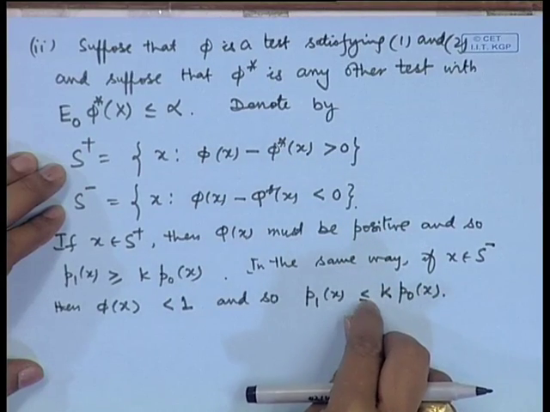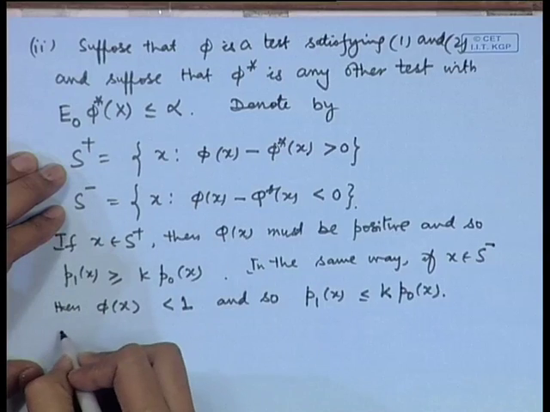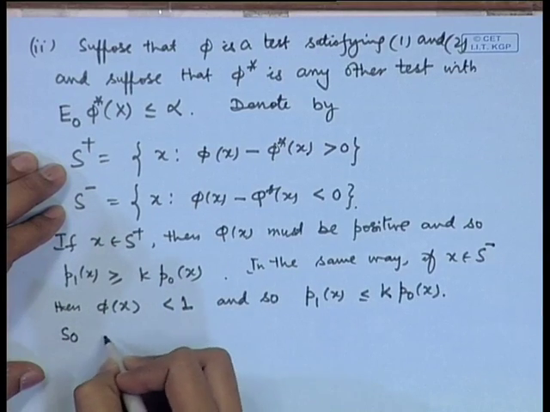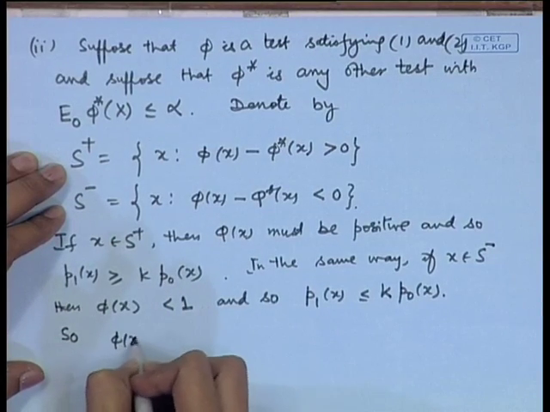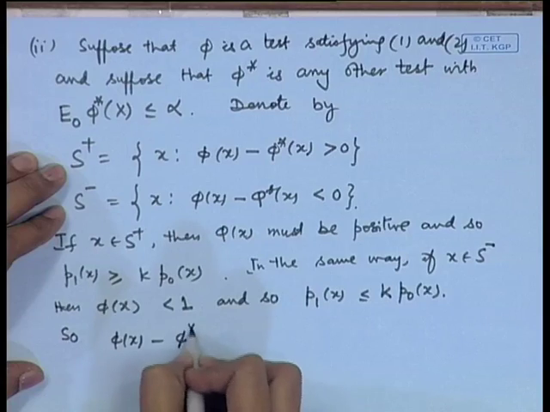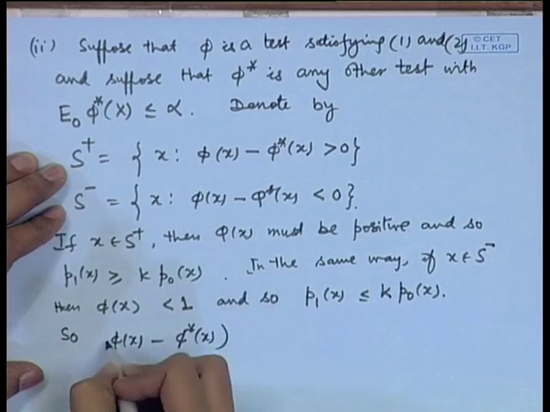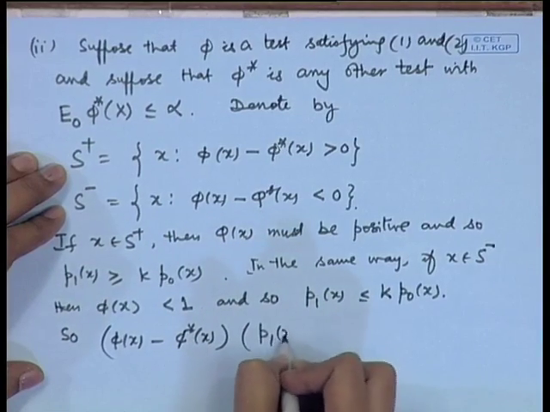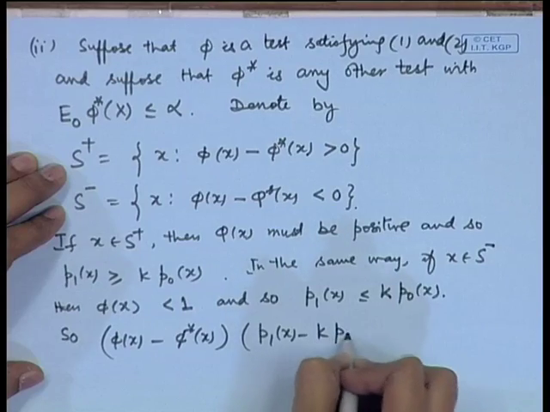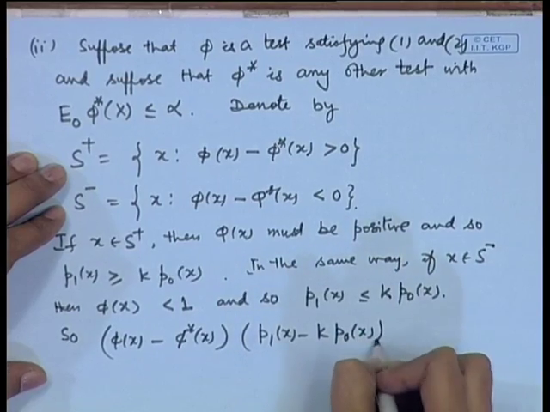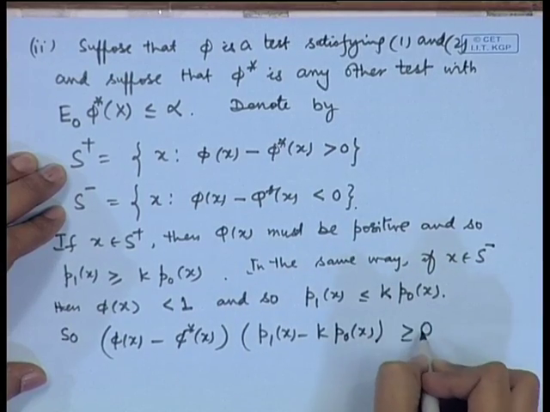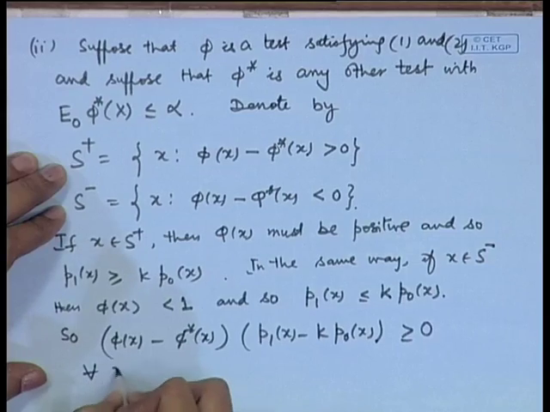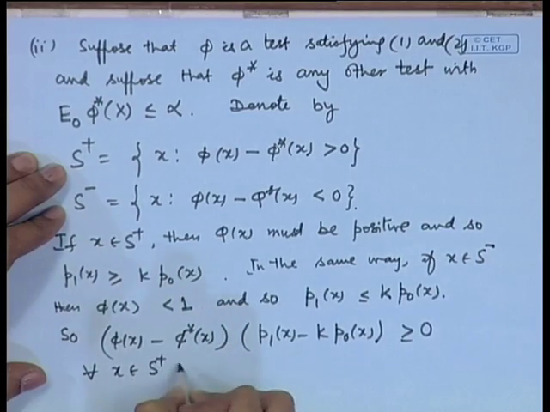So, the product will become greater than or equal to 0. So, what we are getting is that phi x minus phi star x into p 1 x minus k p naught x is greater than or equal to 0 for all x belonging to S plus union S minus.